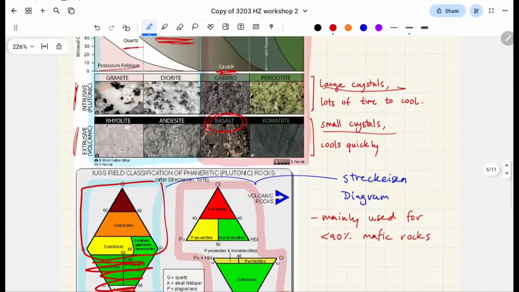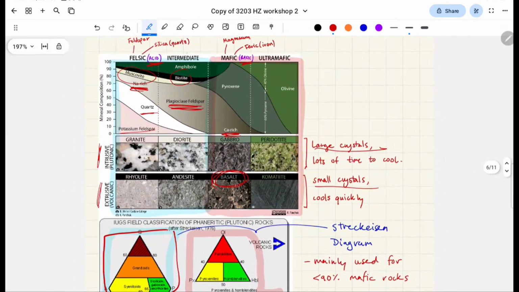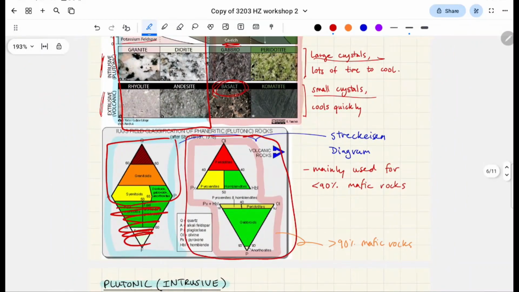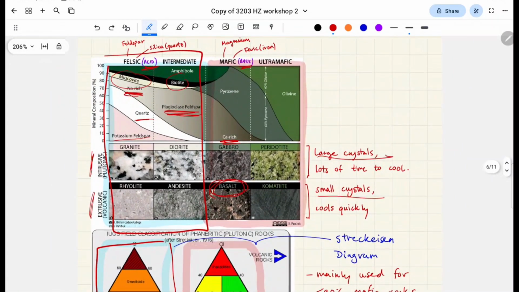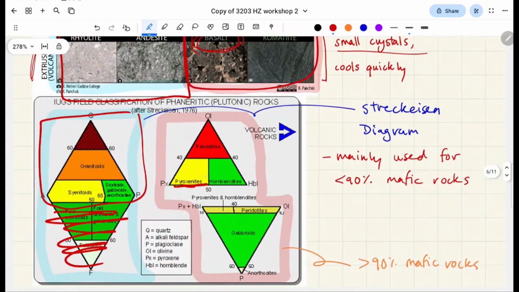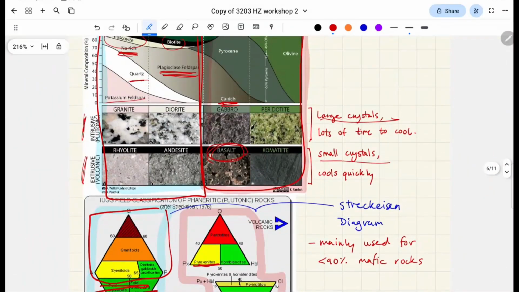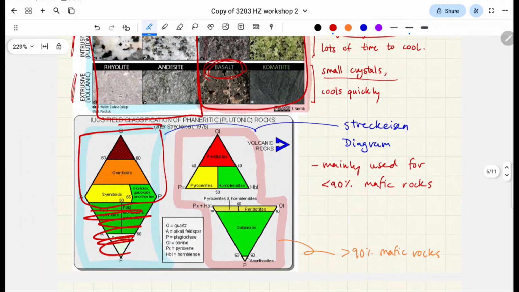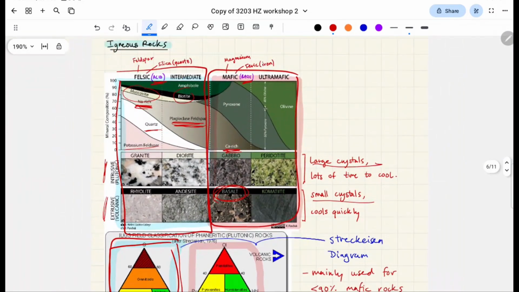This is referring to your felsic minerals, whereas the one I've highlighted in red here is for your mafic minerals. So again, they'll use pyroxene and stuff like that. But more often than not, you'll be focusing on using the Streckeisen diagram for felsic rock classification.